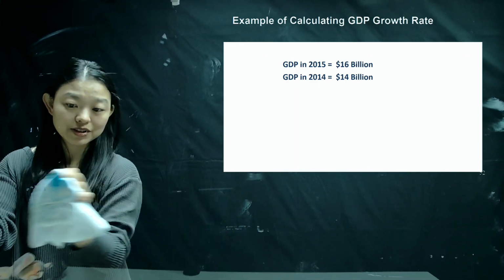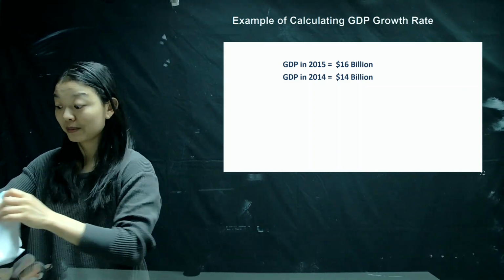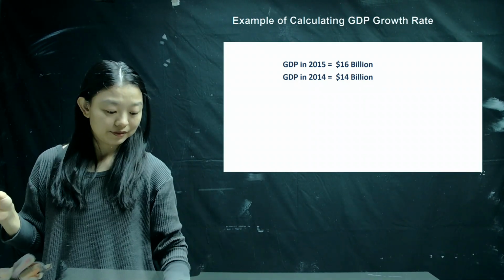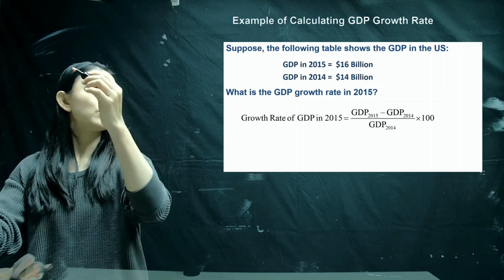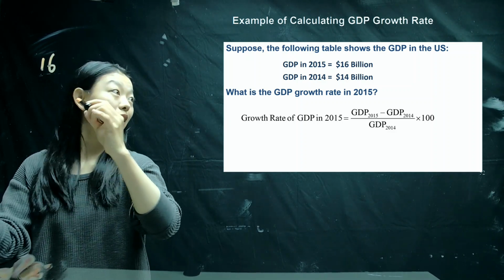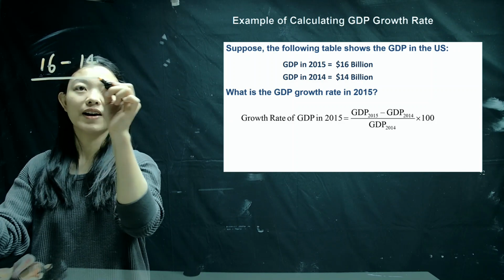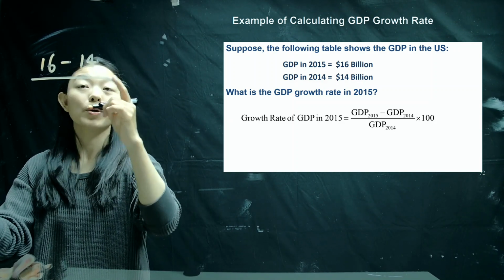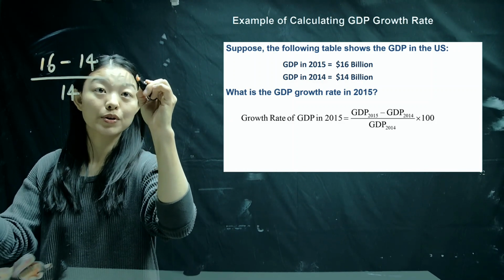We just use the formula we talked about: $16 billion minus $14 billion, divided by the GDP in 2014, times 100%.